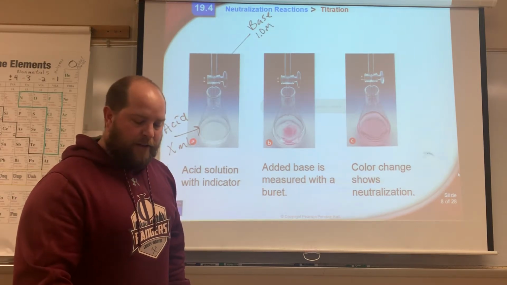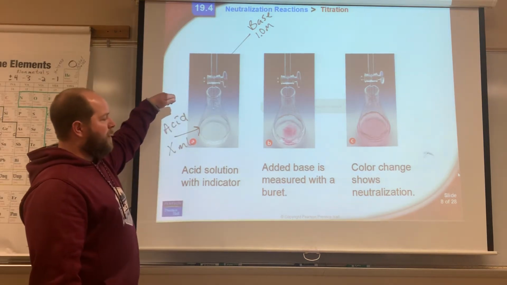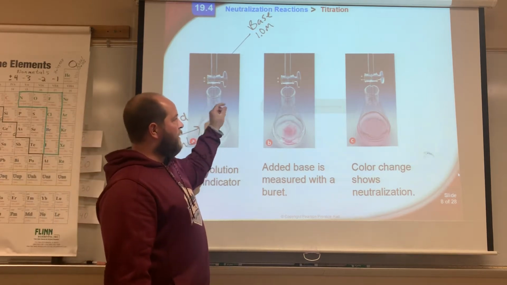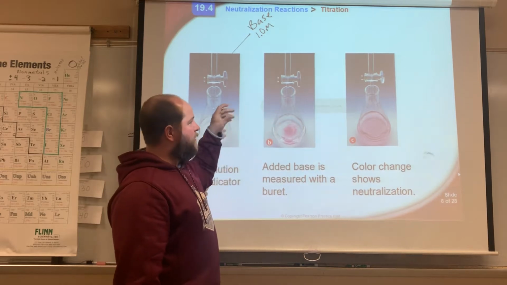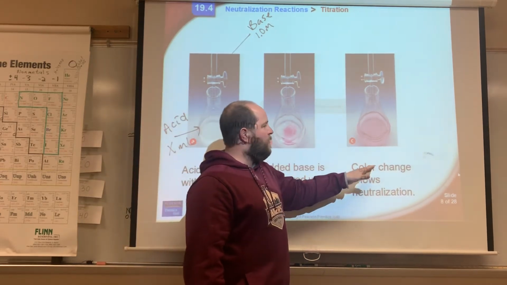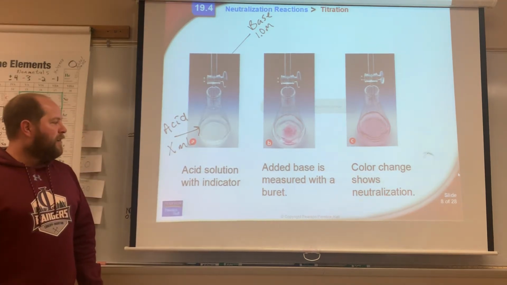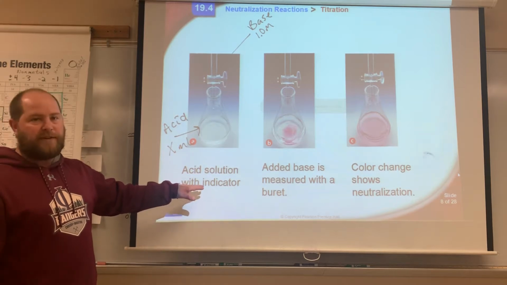Then we would slowly add the base, drop by drop by drop, until we've reached the point where it's neutralized. A lot of times we use an indicator in the acid solution. The indicator tells us when it's been neutralized.